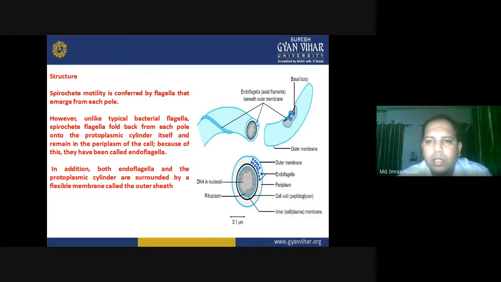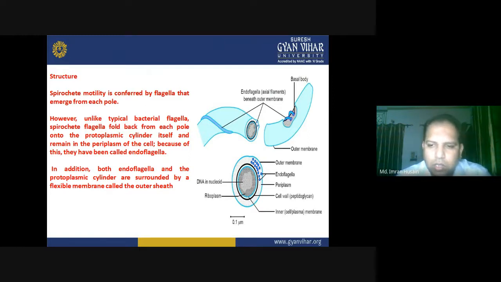Endoflagella or axial filaments lie beneath the outer membrane and basal body. You can see these two filaments spiraling all around the body. Right. And in the next image, you can see the DNA in the nucleoid, ribosomes, the outer membrane, and the endoflagella present between the outer membrane and inner membrane in the space called periplasm or periplasmic space.